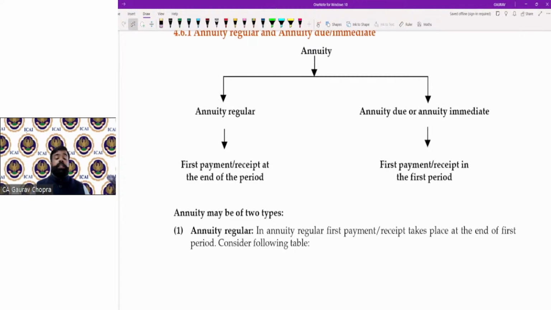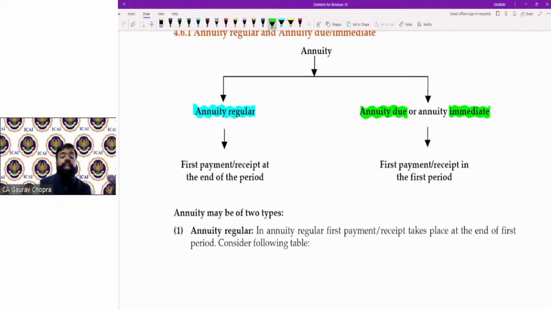Now annuity is divided into 2 parts. Annuity को हम 2 parts में divide करते हैं। First one is known as annuity regular, and second one is known as annuity due or annuity immediate. Immediate मतलब अभी, हाथों हाथ, now.